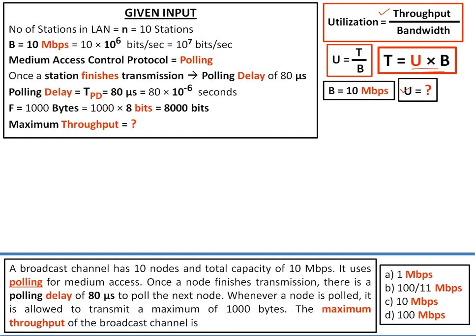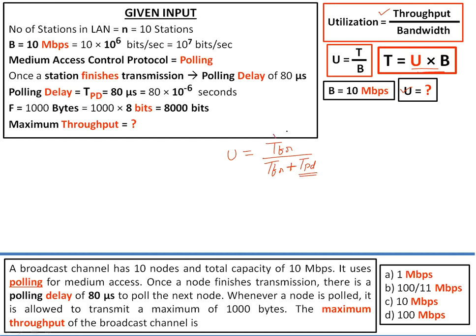What is utilization? Guys, if you observe here, utilization is one station using the channel for TFR seconds, divided by TFR plus how much time it is sitting idle, plus TPD, that is the polling delay.